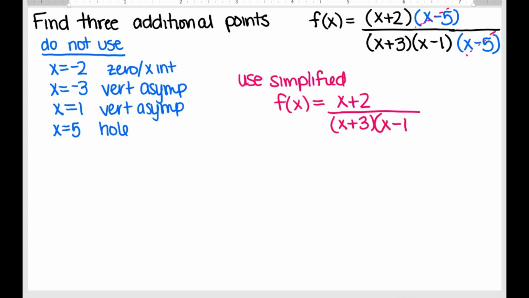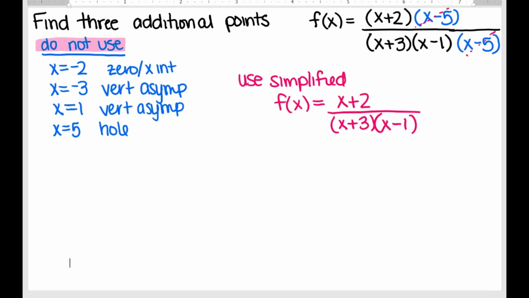You may be wondering why I even put the original unsimplified version up, because we need to make sure that we do not use certain points. First point that we cannot use. Can't use -2. That's our 0/x-intercept/root/solution.